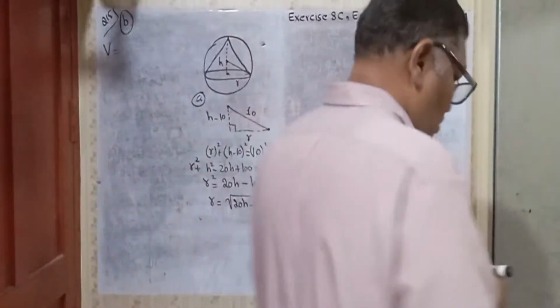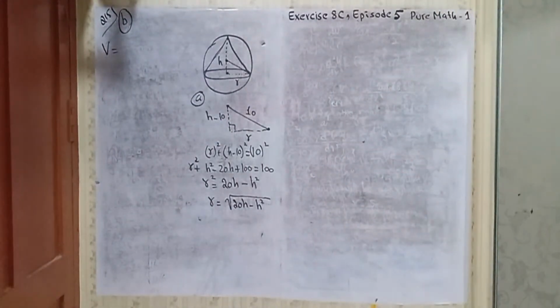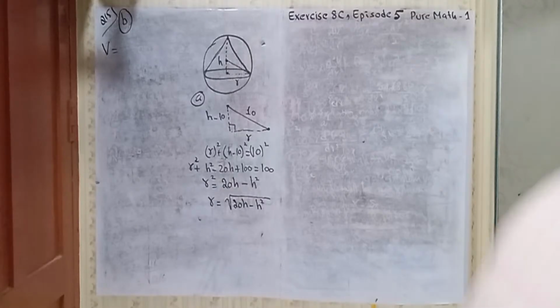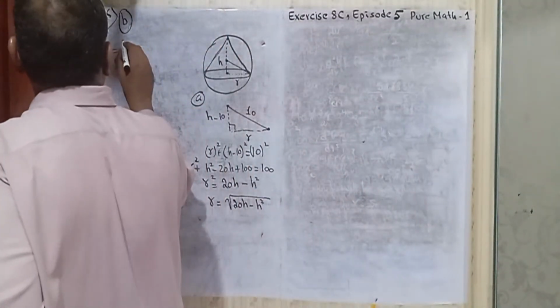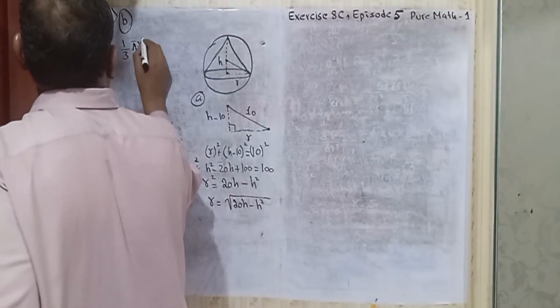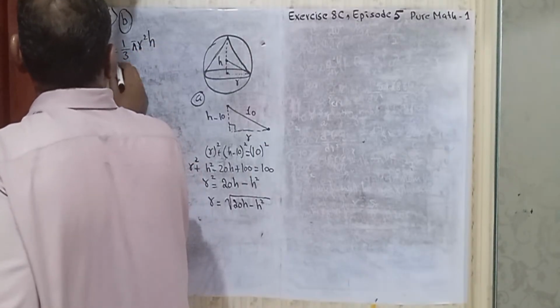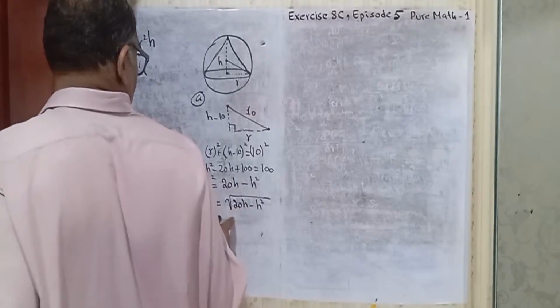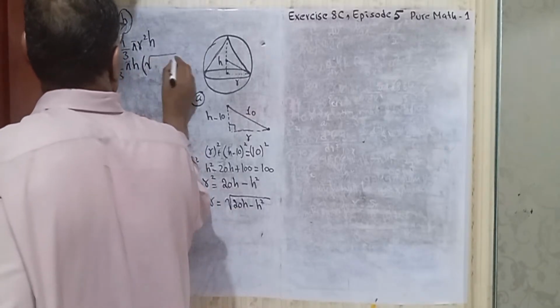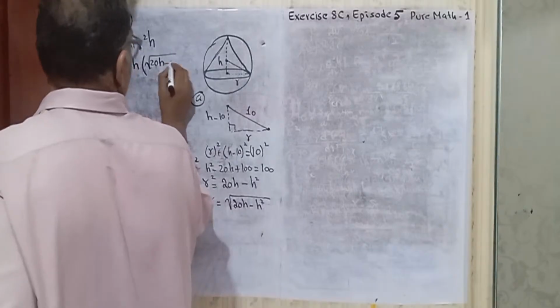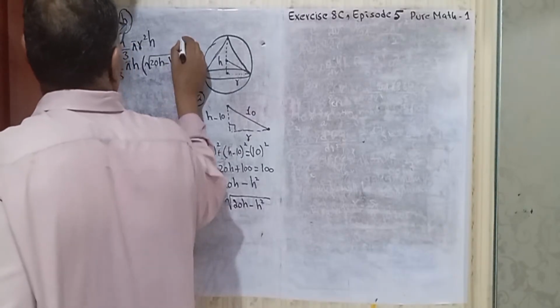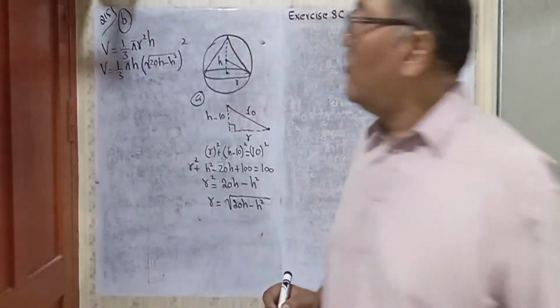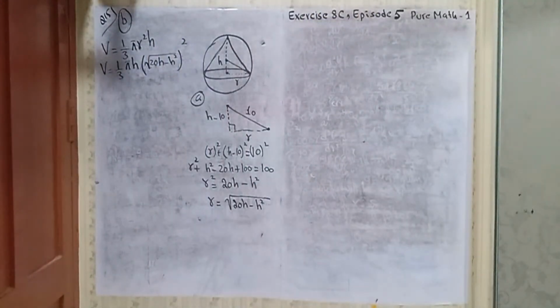The formula for the volume of the cone is 1 by 3 pi r square h. So the volume will be 1 by 3 pi, h is h, and r is this square root, squared, so it's 20h minus h square.